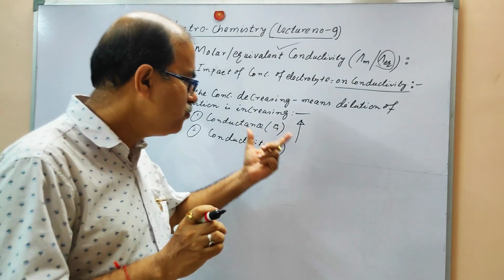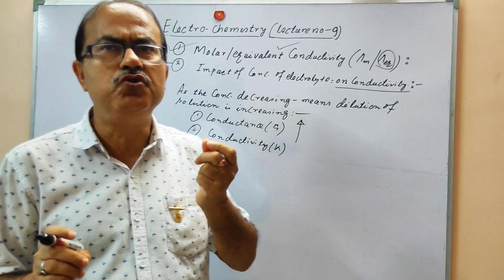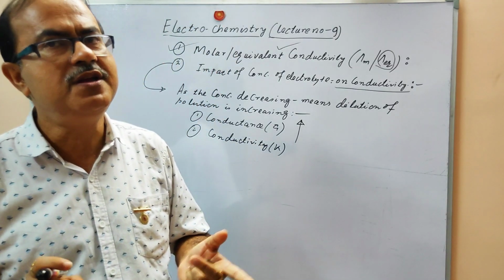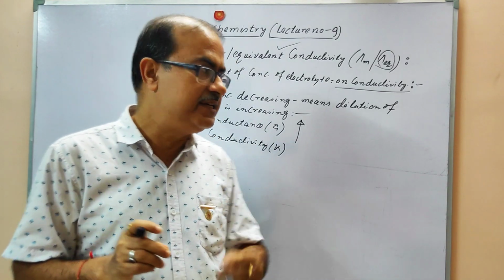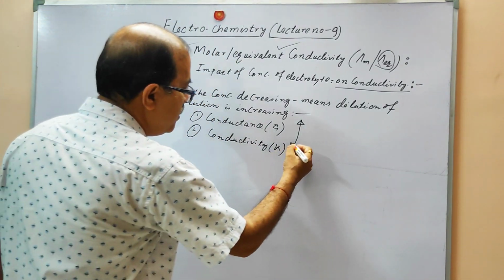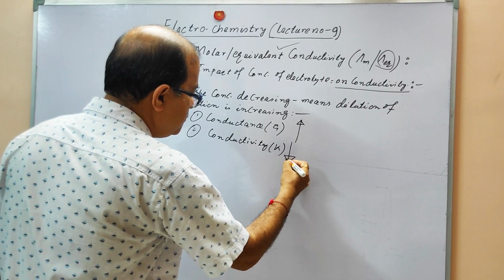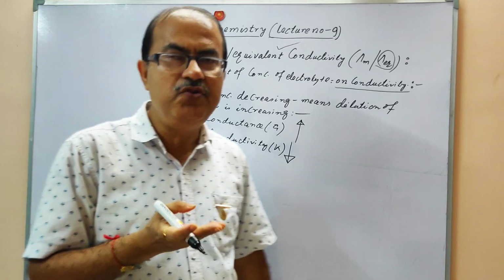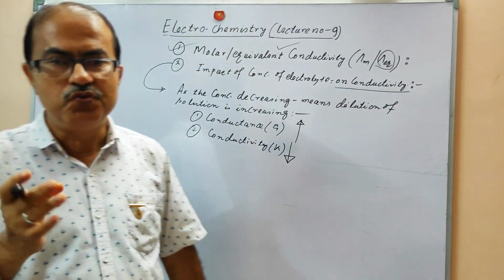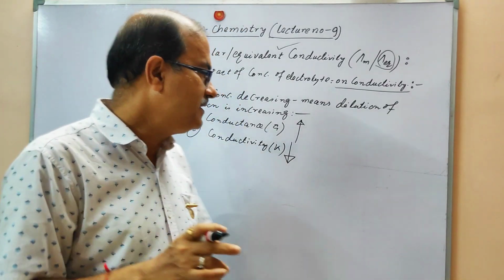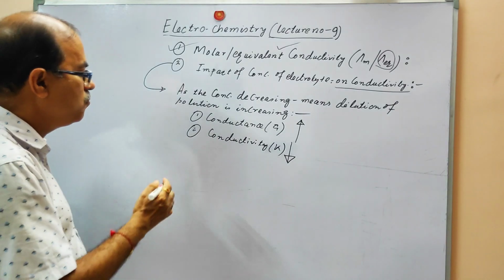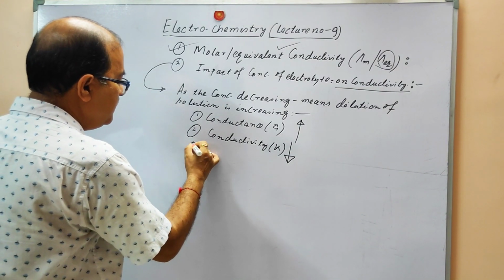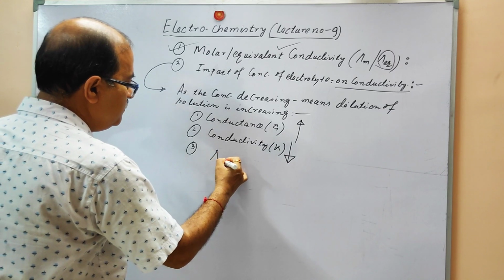That means as we are diluting this solution, decreasing the concentration, there is a decrease in the conductivity, because in the denominator you will find a volume term. So when this is increasing, naturally the conductivity is going to decrease.